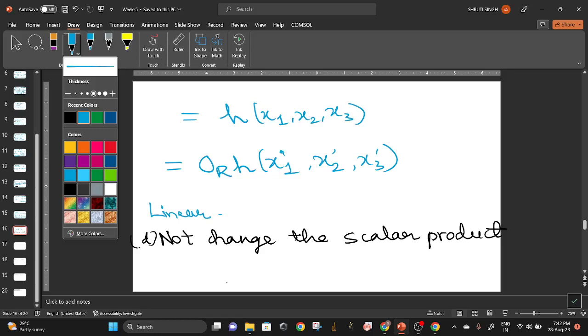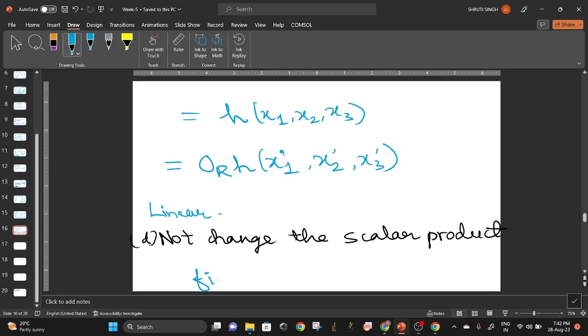Now the scalar product by definition for two functions is given by the integration of f_i star f_j d tau.